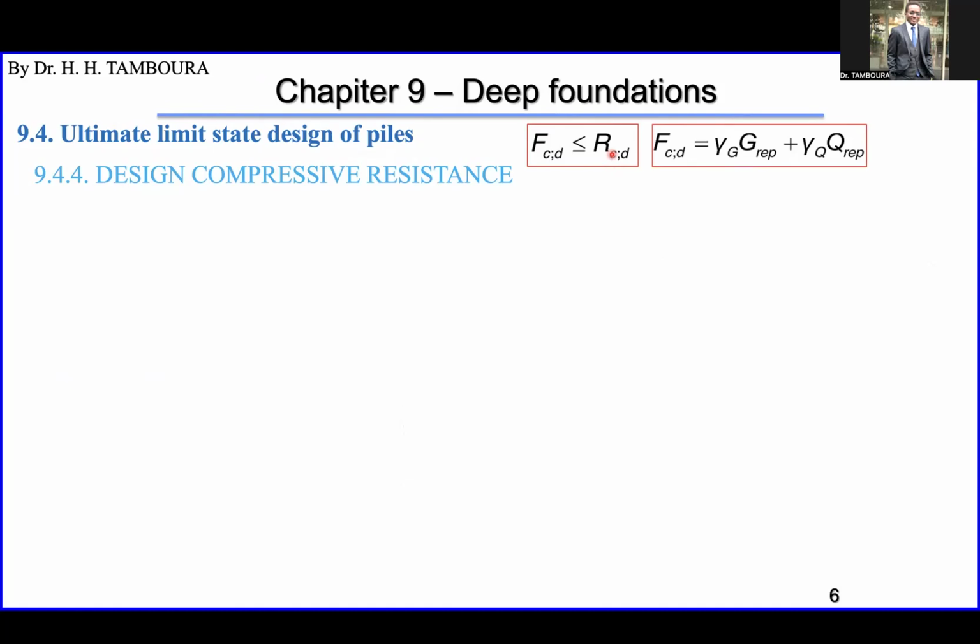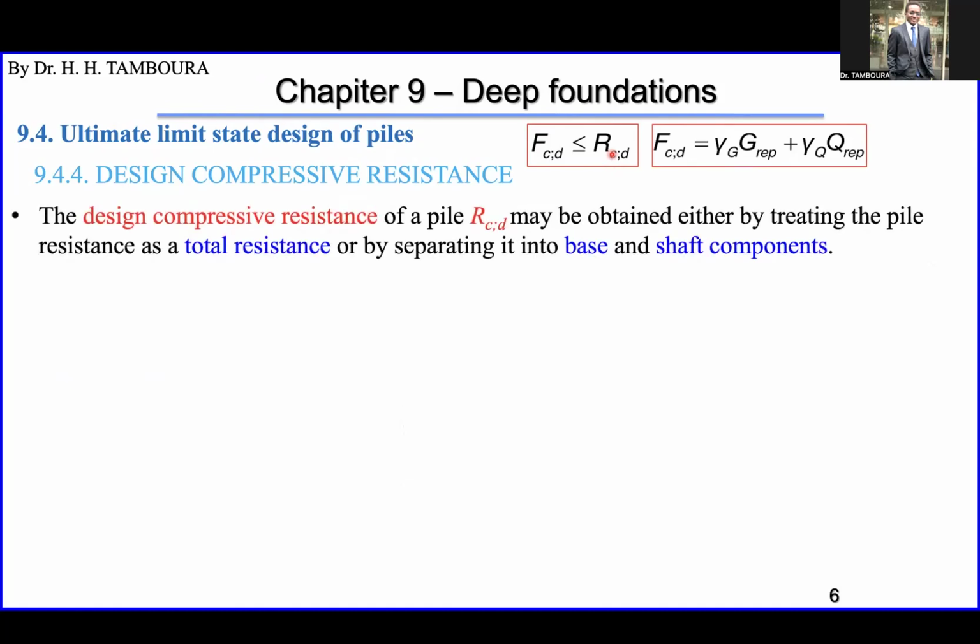So how can we then obtain the design value from the characteristic value? The design compressive resistance of pile, RCD, this is what we want.